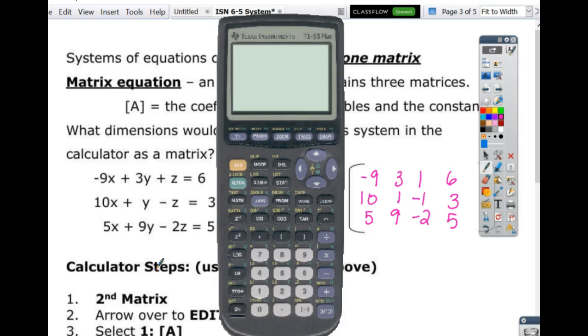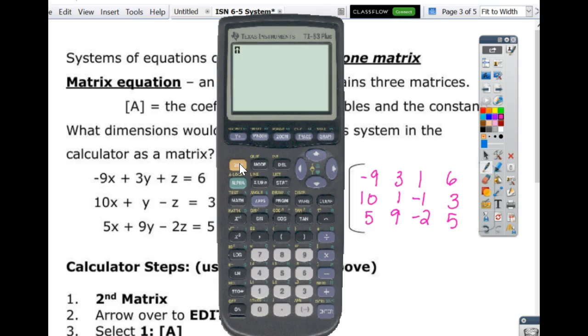Okay? So this is where you actually have to listen and keep up with me. So turn on your calculator. We're going into the matrix. You ready? We're going in. So the matrix, you see it's right underneath the math button and it's yellow. So you have to push the yellow button to get to it.